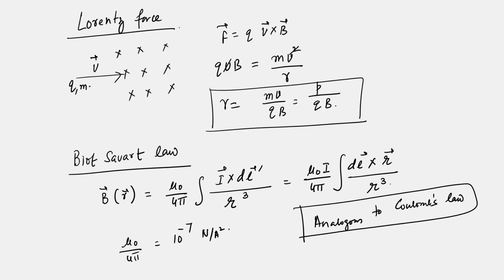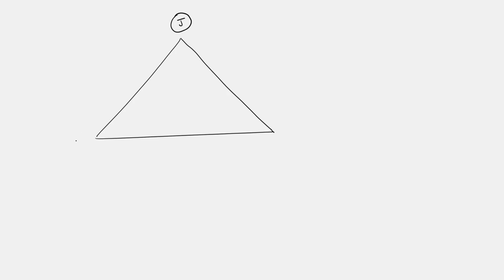So, let me draw a triangle similar to the one we drew earlier for electrostatics. This triangle now corresponds to three quantities: J, the current density, A, the vector potential, and B. I will define what the vector potential is.